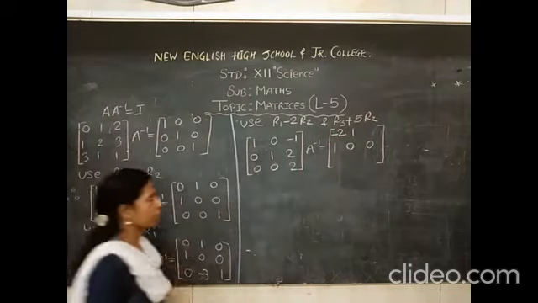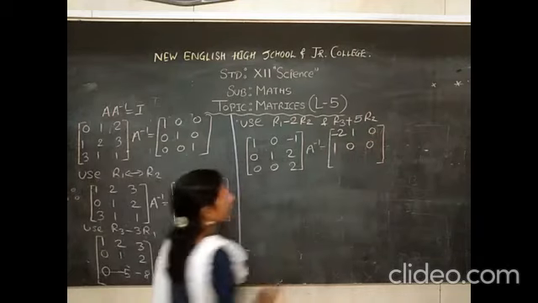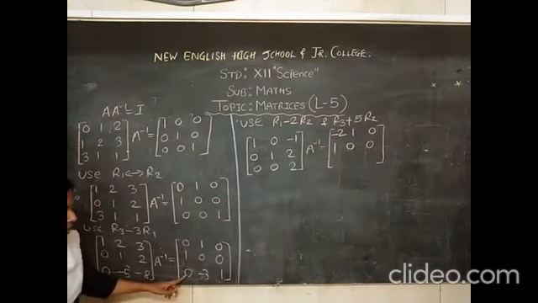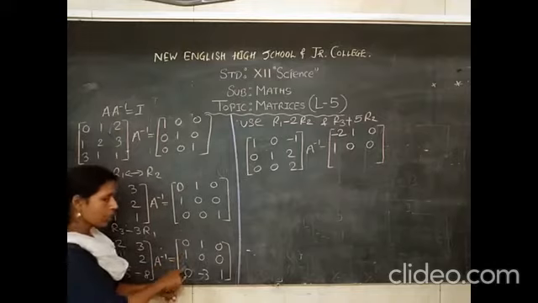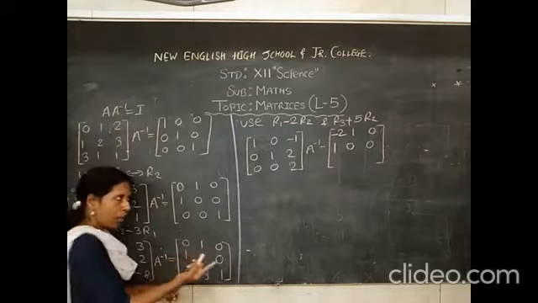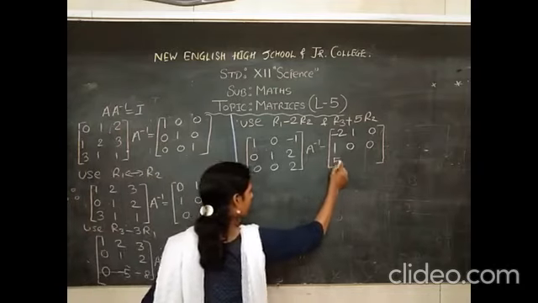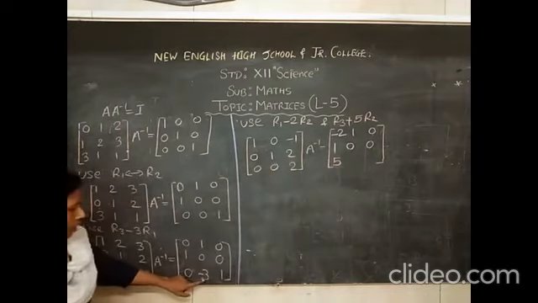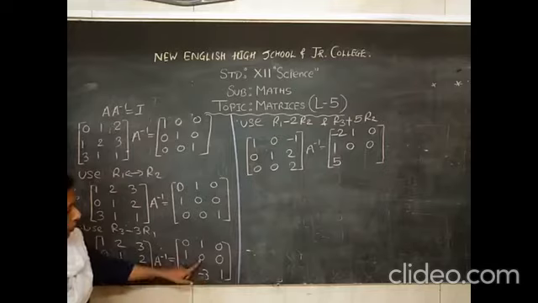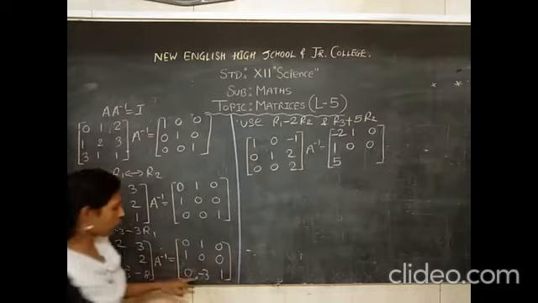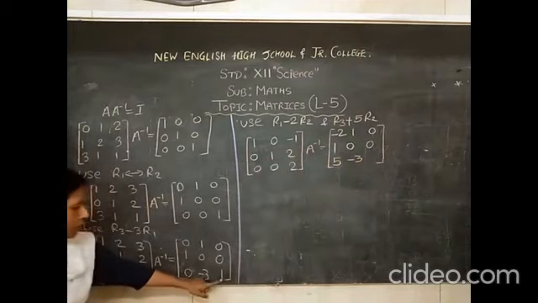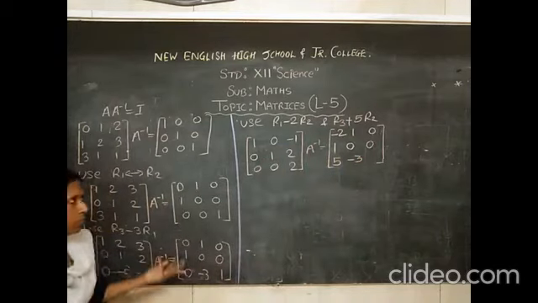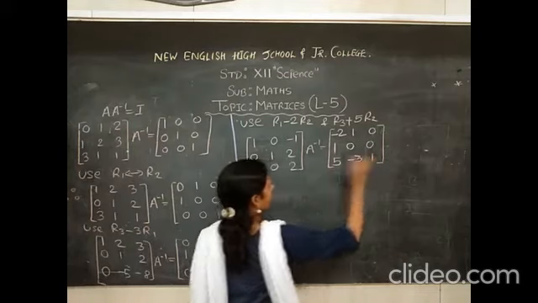Next. Come to R3. R3 plus 5 times R2 we are doing. 0 plus 5 times 1, 5. Simple. Directly we can write. Minus 3 plus 5 times 0, no change. It will remain as it is. Again 1 minus, no change. Done.